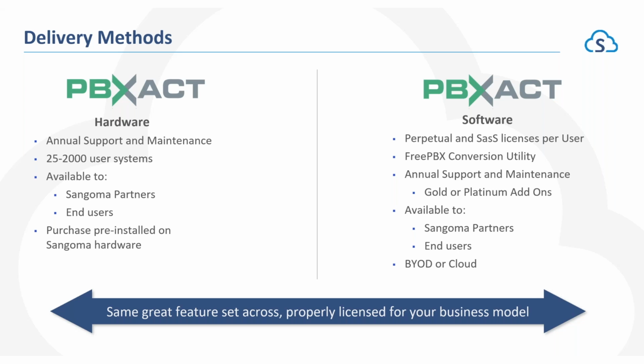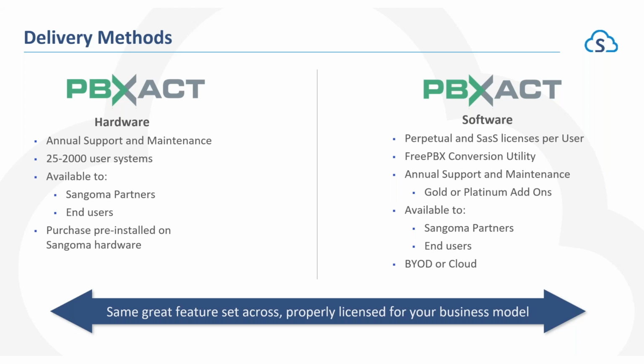So from small systems, 25 users, to 2,000 user systems, we have them all available. It comes with the pre-installed software on it for the amount of users. You can also get it as software, so you can run it on your own box, or if you have your own cloud provider or data center provider, you can host it there.